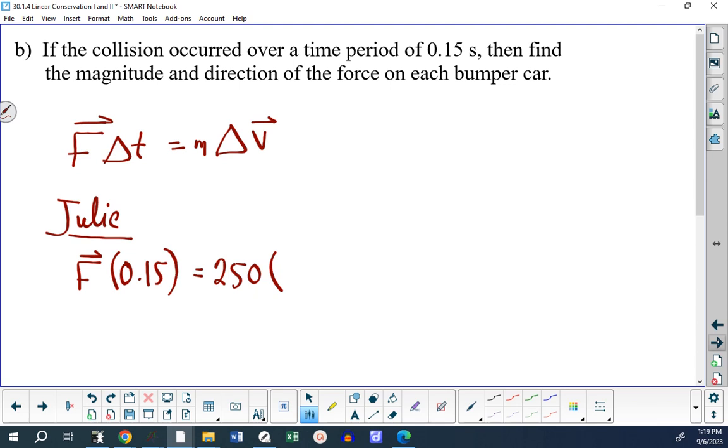Correct. Don't forget that this is VF minus VI. And Joule's velocity afterwards is negative 1.55. And Joule's velocity before is 3. Take a minute, please. Take 250 times negative 1.55 minus 3. Whatever you get, divide by 0.15.